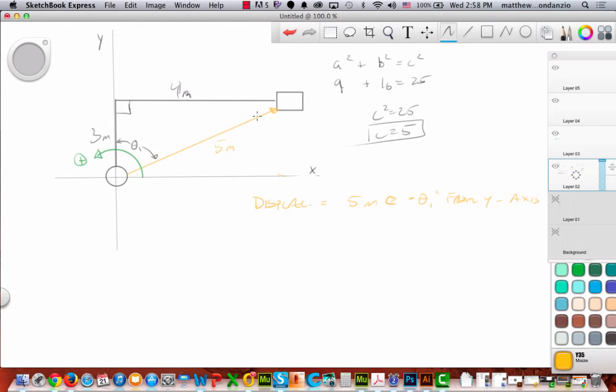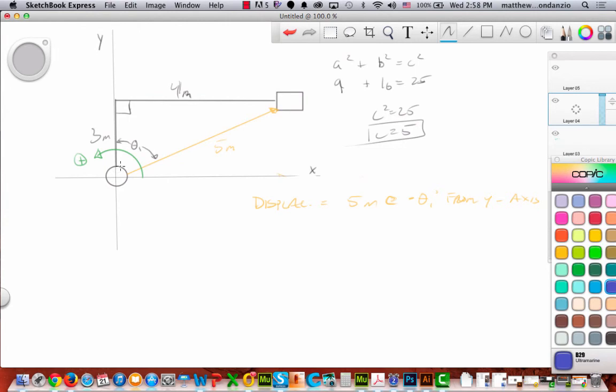Does that make sense? So here's an example. Let's say I had an arrow like this. I've got to turn it theta degrees clockwise from the y-axis.